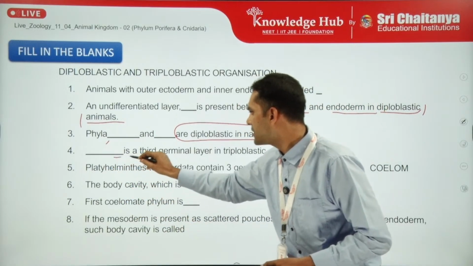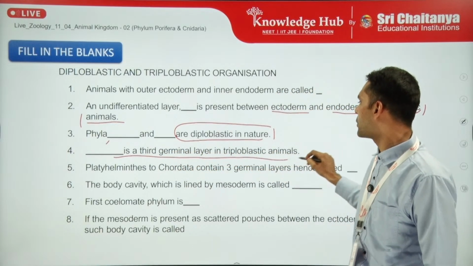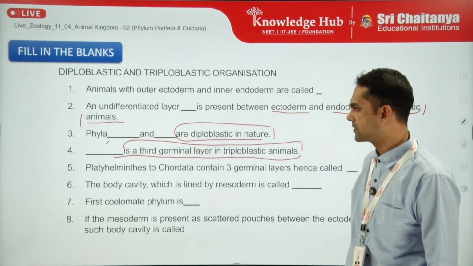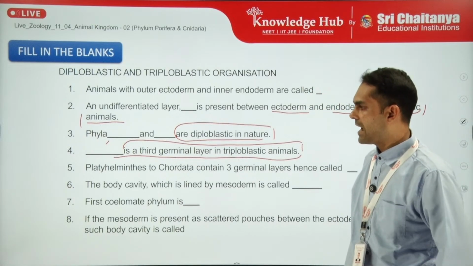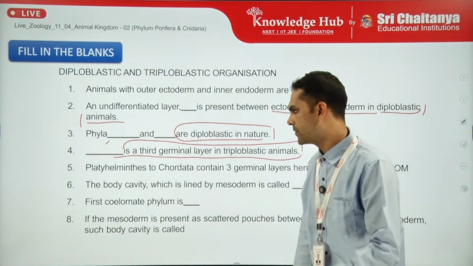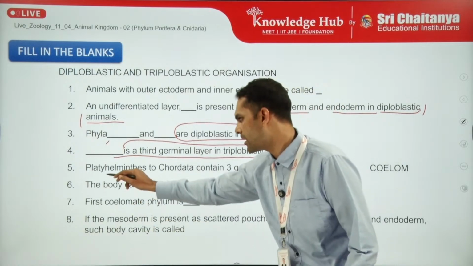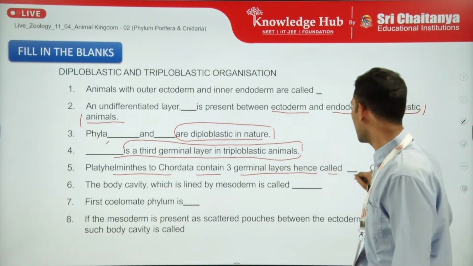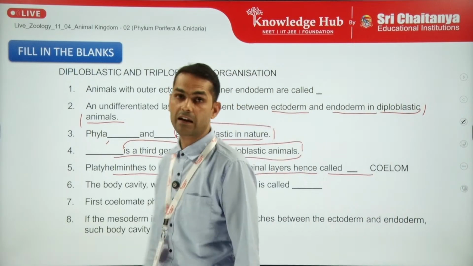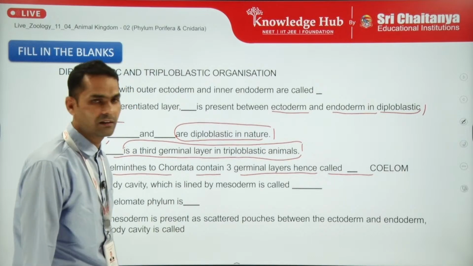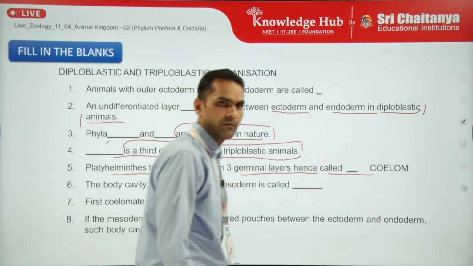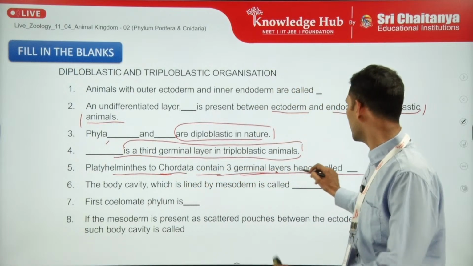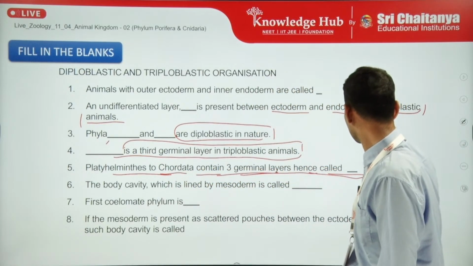Now dash is the third germinal layer in triploblastic animals. Ectoderm, mesoderm, endoderm. So you can guess which is the third germinal layer. Platyhelminthes to chordata contain three germinal layers and hence are called dash coelom.